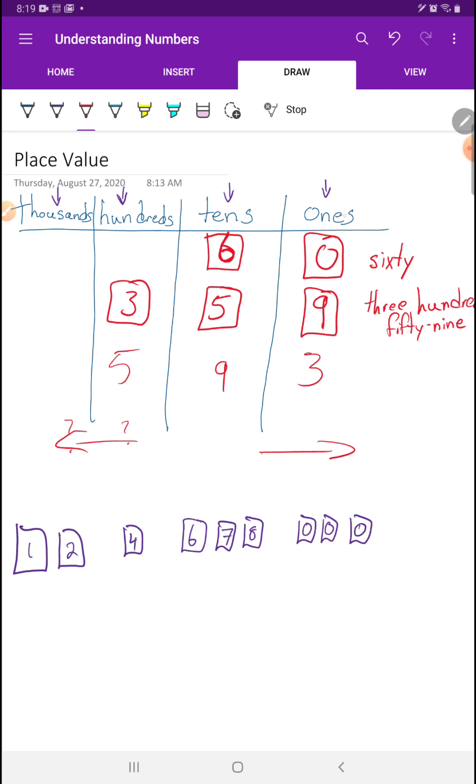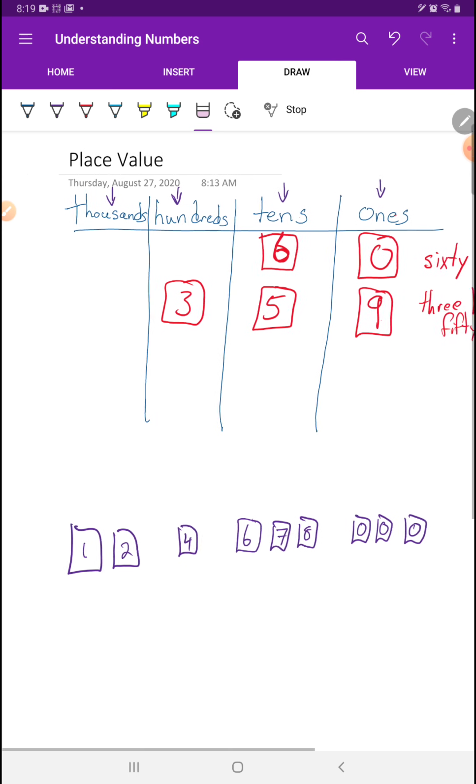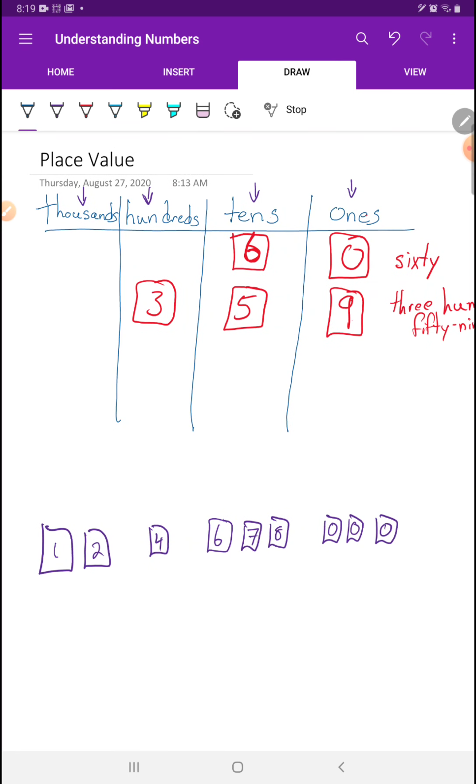The 9 has to go where the ones are because I said 9 ones. Okay, this is super, super important. This helps you understand what a number means. This is not something I'm just doing for a joke, just because it's a fun game. You need to do them the way I tell you to do them, not something else, okay?